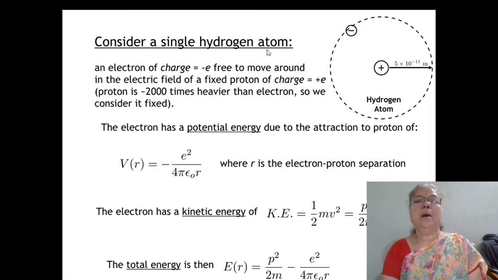Suppose we have a hydrogen atom, and all of you know that in the hydrogen atom at the center there is a nucleus, and around the nucleus the electron revolves in a circular orbit. This electron has a charge minus e, and it is free to move in the electric field of a fixed proton of charge plus e.